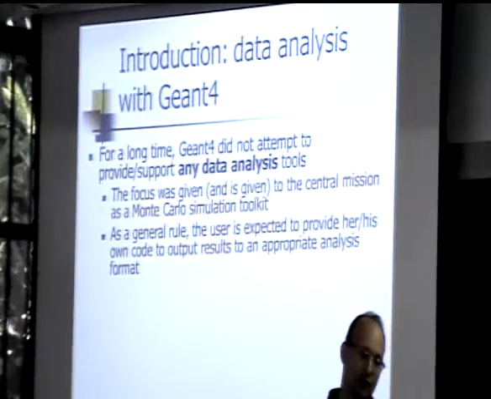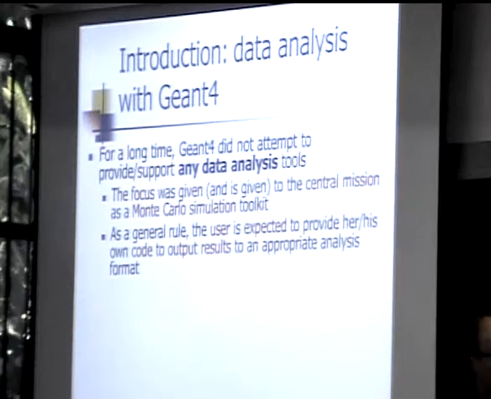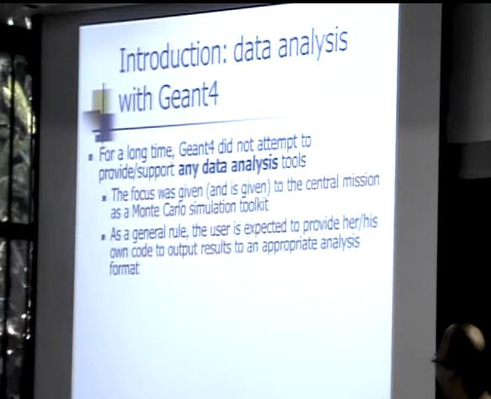So for a very long time, GEANT4 did not make any attempt to provide any support for analysis. So this is a Monte Carlo code, so we do the Monte Carlo and you take care of writing the results. So these things changed a little bit in the past few years, so that GEANT4 is now providing some basic analysis tools like making histograms or n-tuples trees.